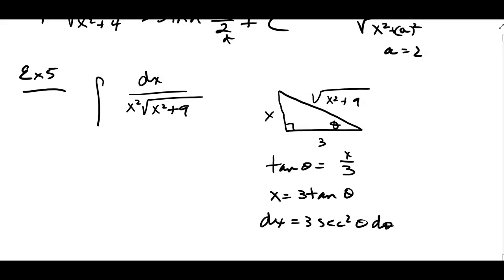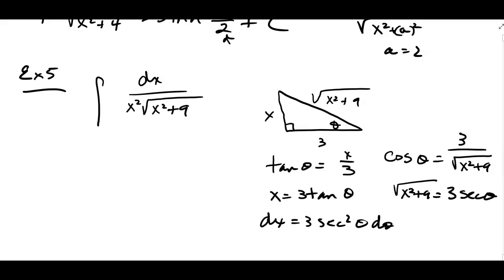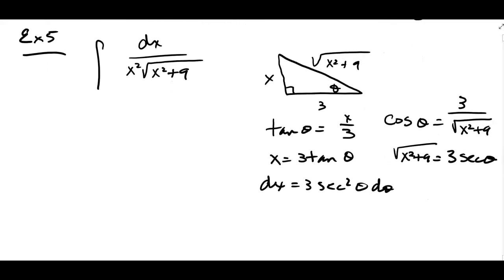My other trig function using the 3 is cosine, which is 3 over, remember you only want to use the constant on each of them, the radical x squared plus 9. So the radical x squared plus 9 equals 3 over cosine, which is 3 secant theta. So it looks like we're going to do secant and tan pairs on this one.